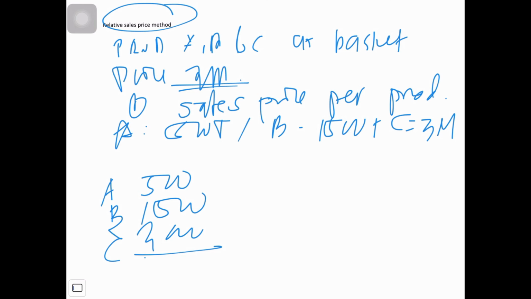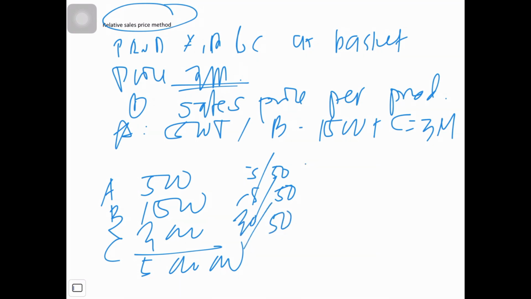It would be 5 million, guys. So, 500 over 5 million, it would be 5 over 50, 15 over 50, 30 over 50 in ratio, guys. Then multiply by 3 million.